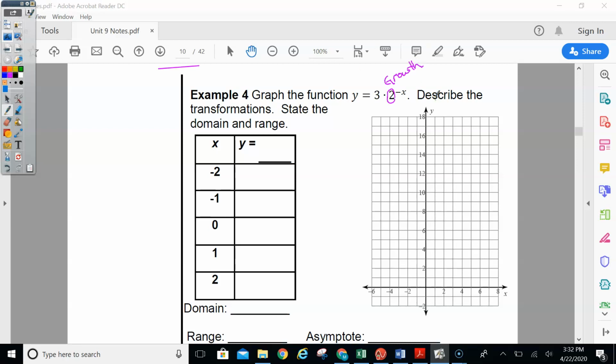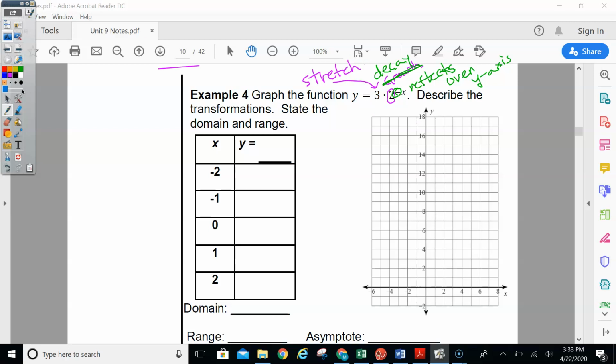But because the exponent's negative, this is going to make it reflect over the y-axis. This actually turns it to decay. And then the 3 in the front is going to vertically stretch it by 3.